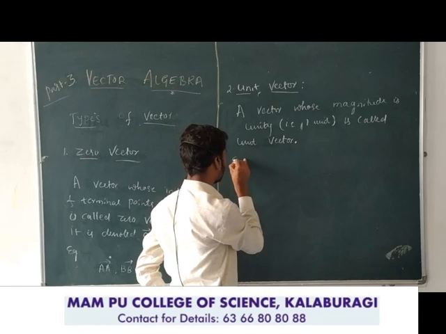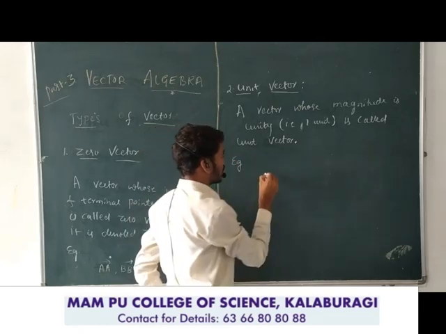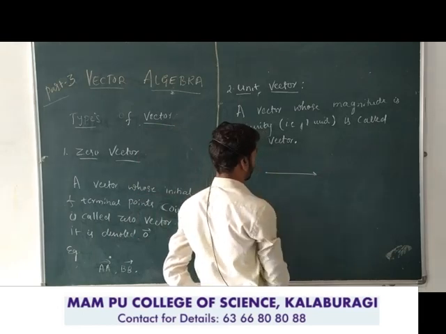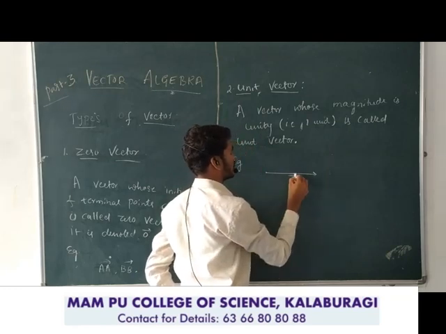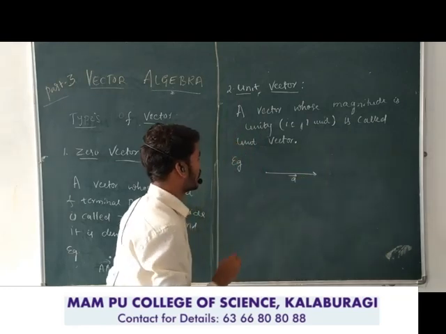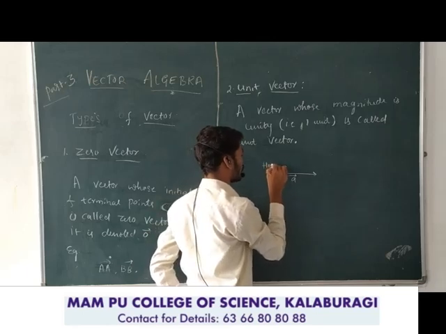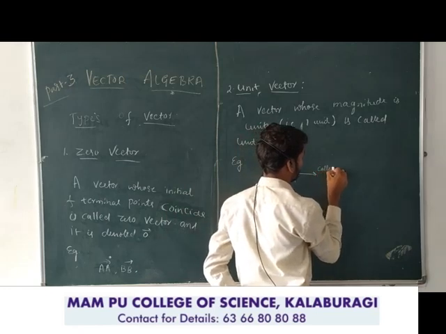Suppose, for example, this is a vector. I take A like this. I will represent a vector. Suppose this is your home and this is your college.